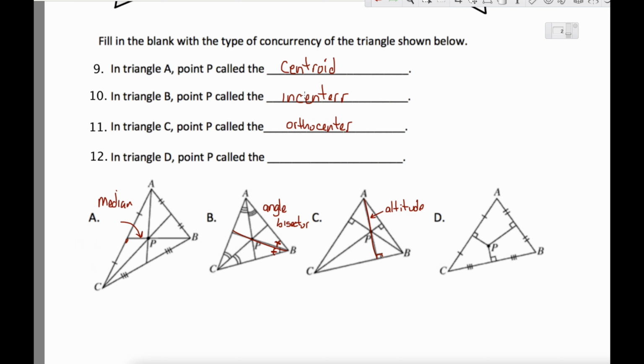In process of elimination, we'd say, okay, we've done everything but the perpendicular bisector, is what this is, and those meet in the circumcenter, where we can circumscribe a circle. That means the circle goes around the triangle, like that.